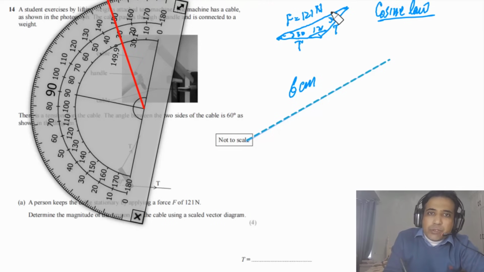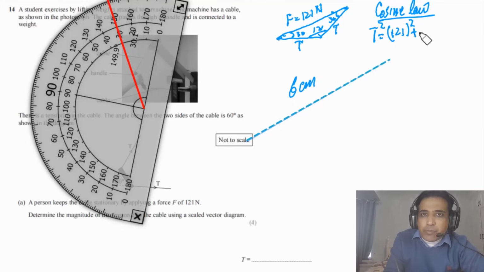We can use the cosine law between these two sides, this side and this side. So in this case, T square will be equal to 121 square plus T square minus 2 times 121 times T times cosine of the angle between these two sides, that is 30 degrees.